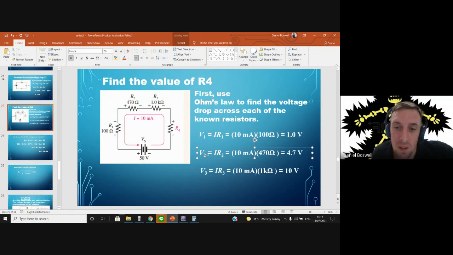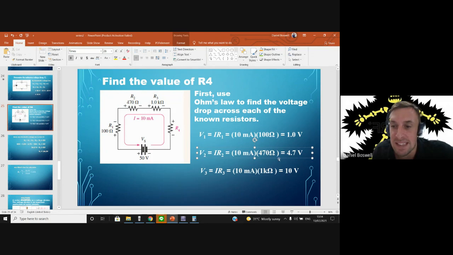Okay, now we're going to find V2. Nice and easy. So we're going to do the same again. To find our voltage, we use Ohm's law, current multiplied by resistance. And we're using 2 for our resistor 2. In this case, 10 milliamp is our current.